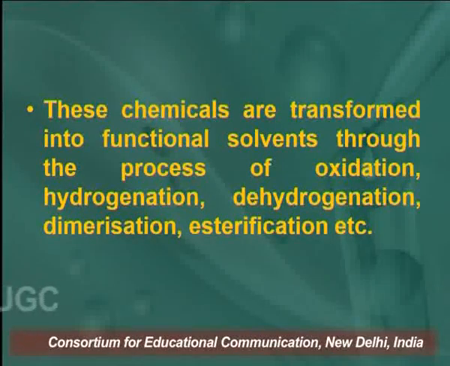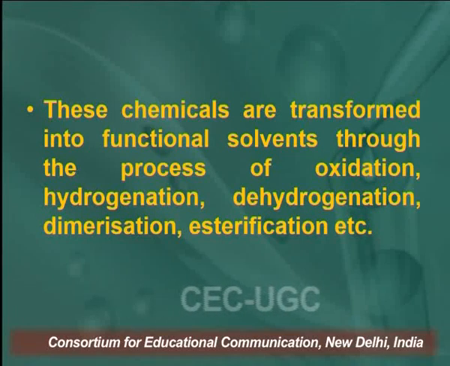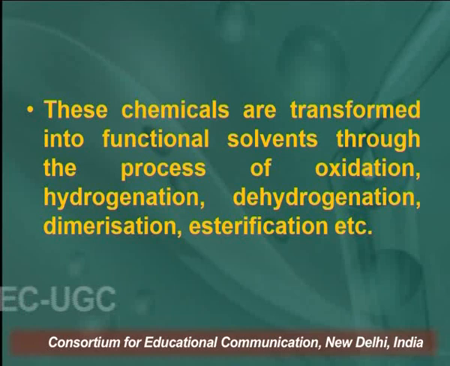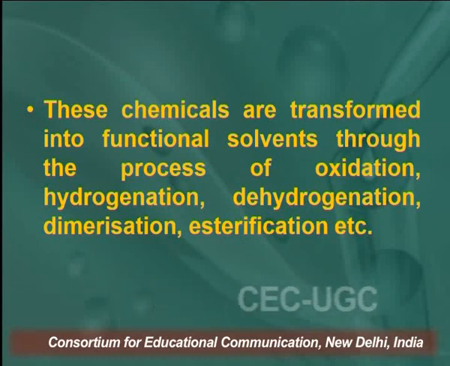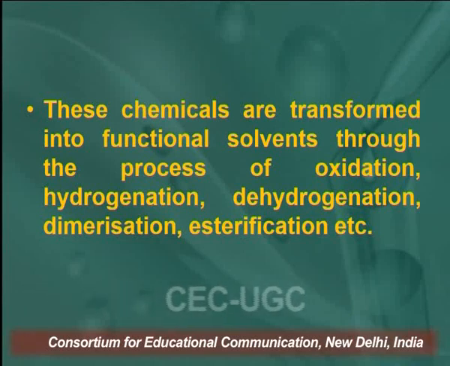So, these solvents or chemicals which are obtained from the gas processing plants or oil refining plants can be transformed into functional solvents through the process of oxidation, hydrogenation, dehydrogenation, dimerization and esterification.